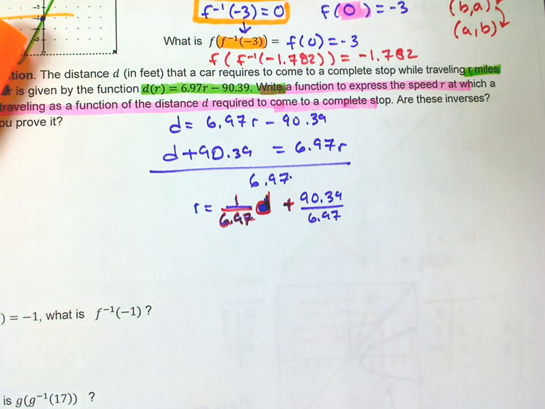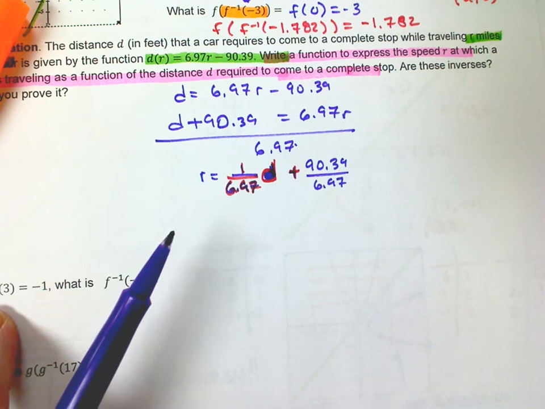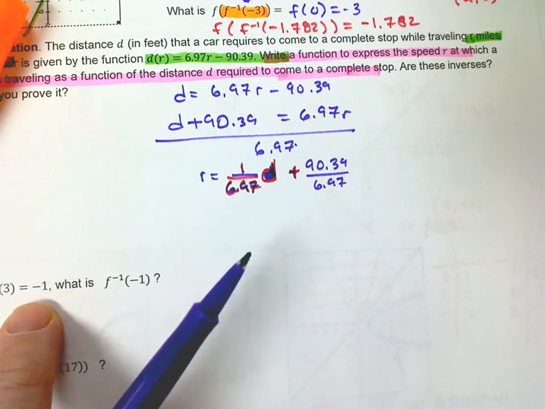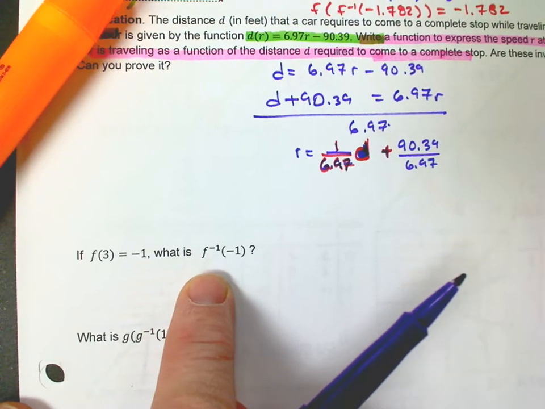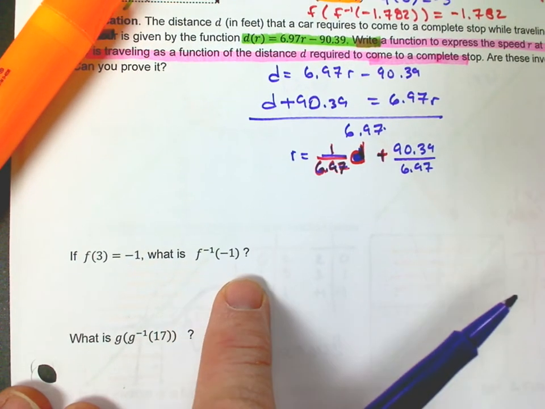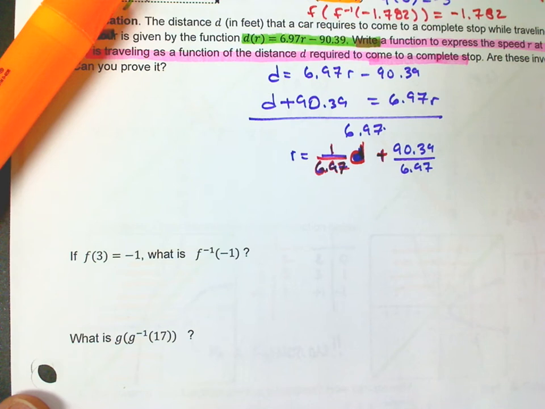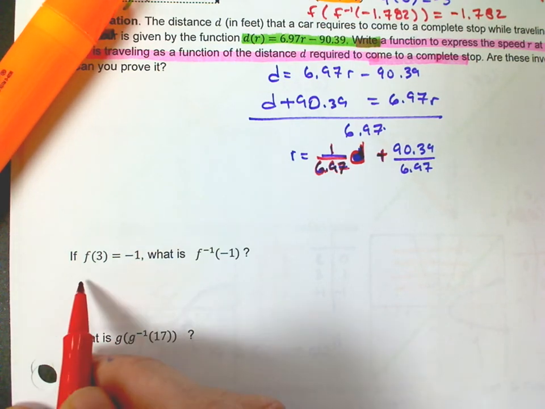Let's take a quick look here at these guys, and it says if f of 3 is -1, what's going to be the value of the inverse of f if I substitute in -1? What's that going to give us? We've got one person that's seeing it.